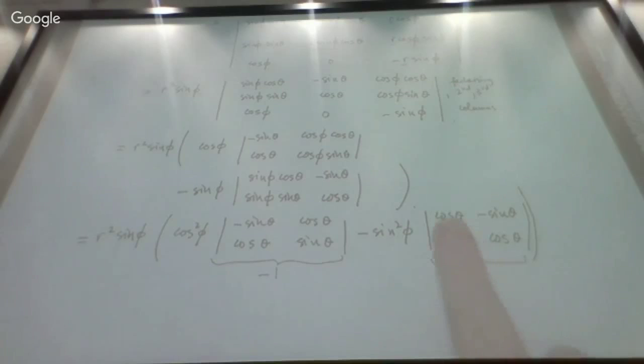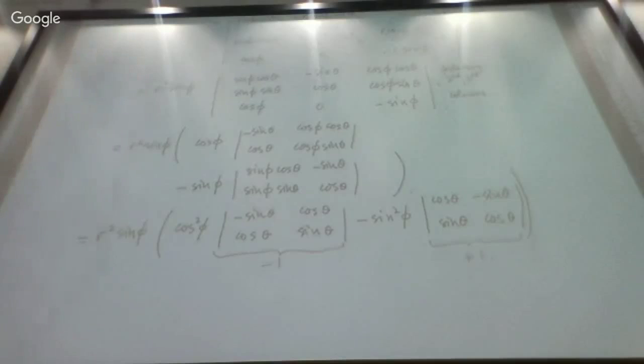And this second one here, you get cosine squared theta minus sine squared theta. So it's cosine squared theta plus sine squared theta. So you get plus 1 from the second. So the first one you get minus sine squared minus cosine squared, so that's minus 1.